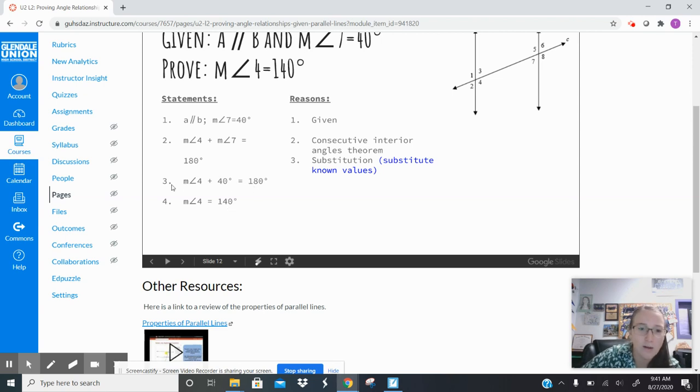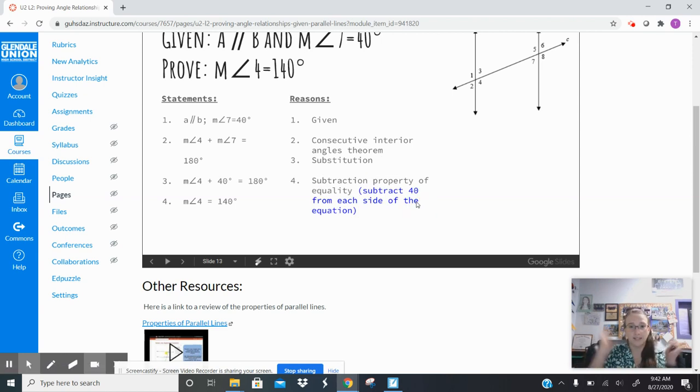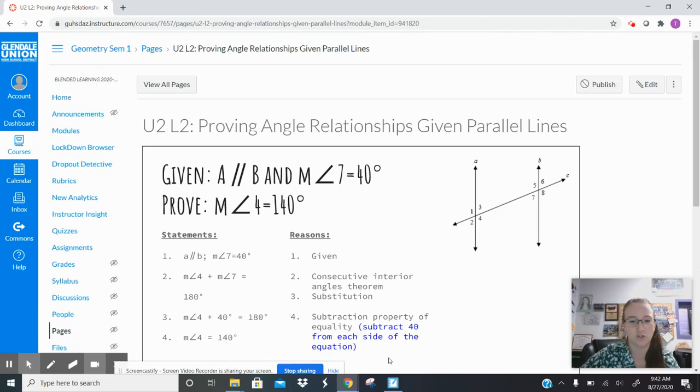So all we did to get from step 3 to step 4 is we subtracted 40 over to the other side, and that would give us 140. So our reasoning is exactly that. We subtracted. So subtraction property is our reasoning. These were some more basic proofs. We're going to do some more difficult ones in class to hopefully give us a bit more of a stronger base with them.